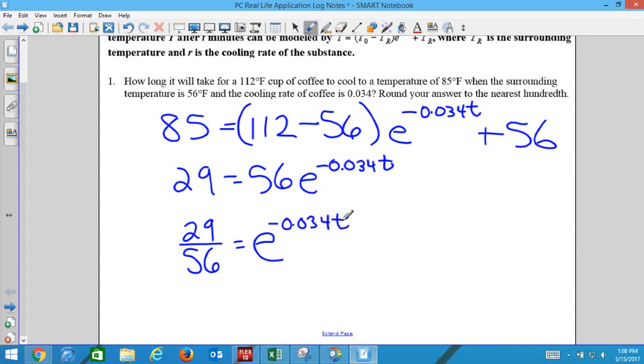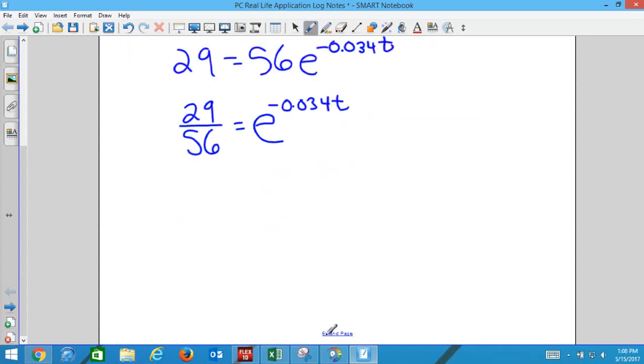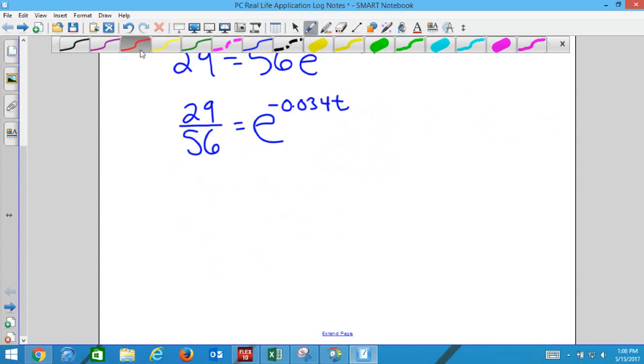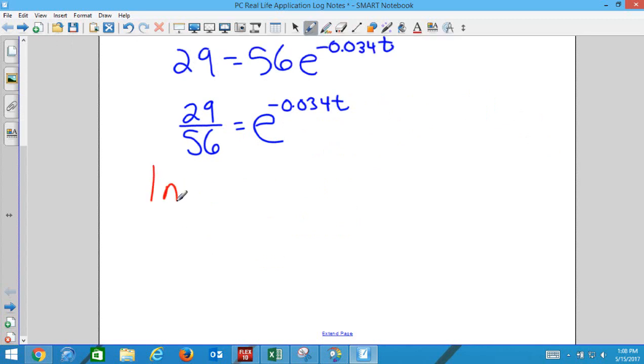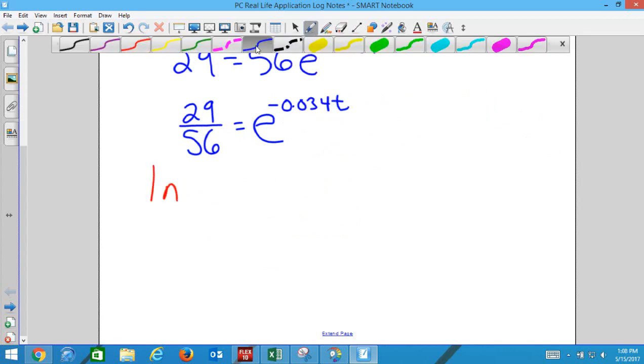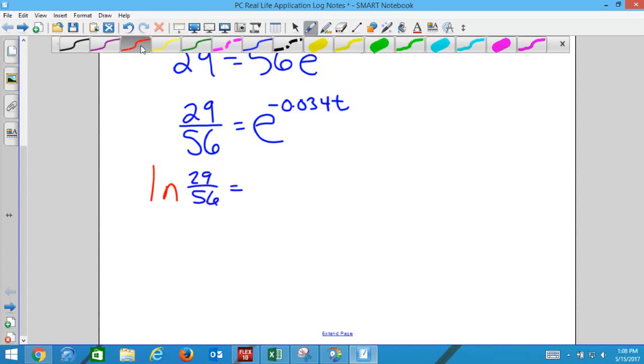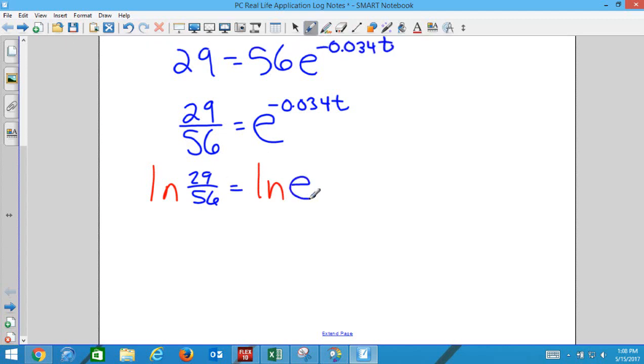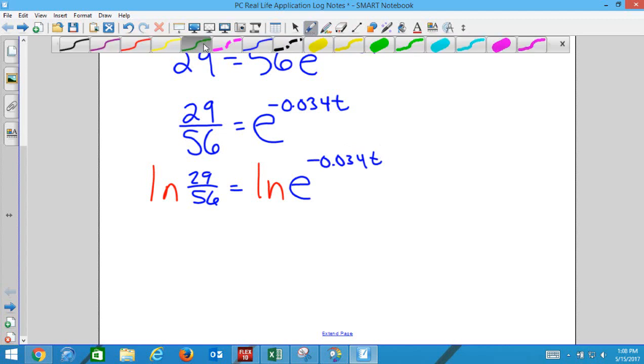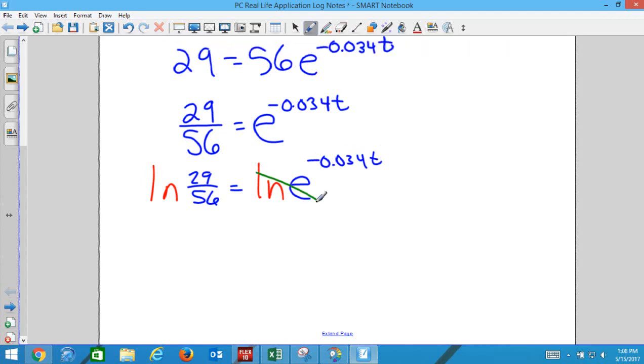What's the next thing we need to get rid of? Get rid of the e by using its inverse, ln. So my next step is we're going to ln both sides: ln of 29 over 56 and ln of e to the negative 0.034 t. So that cancels the ln and the e.